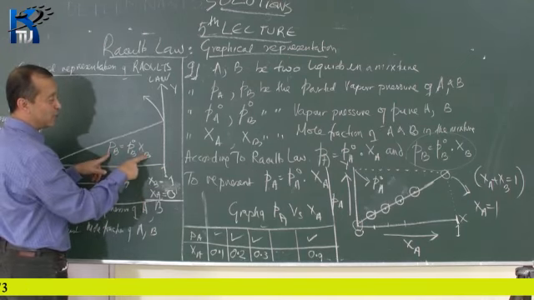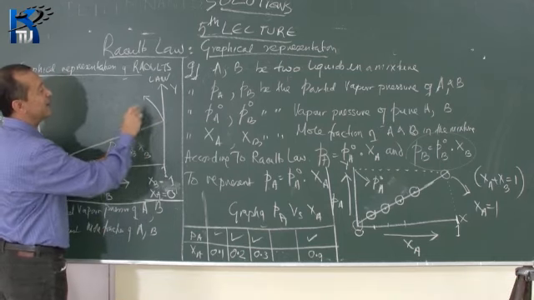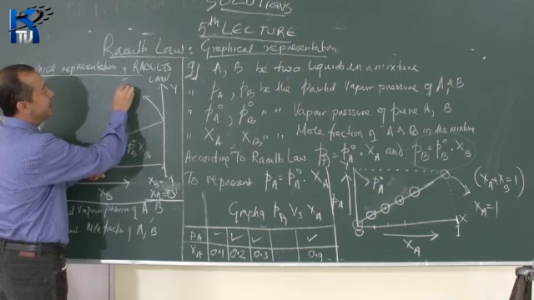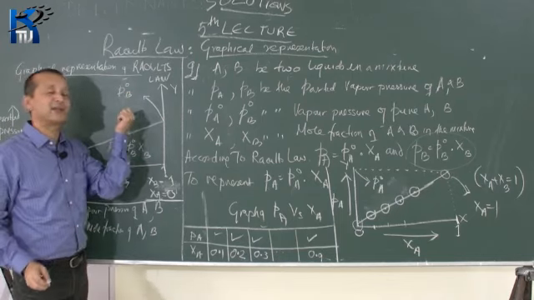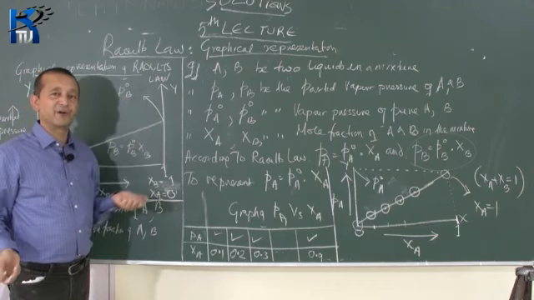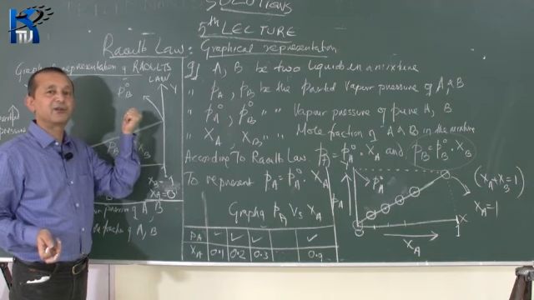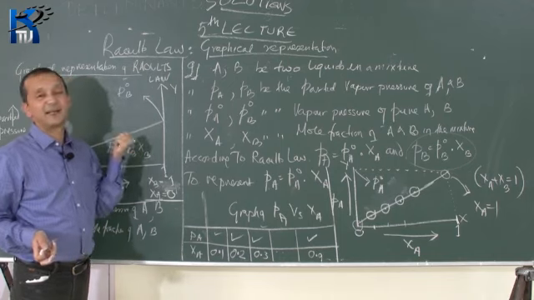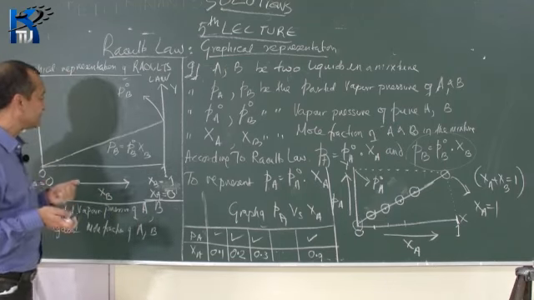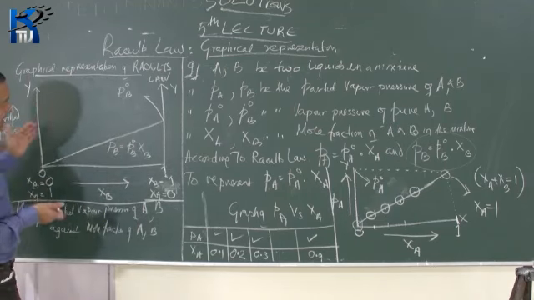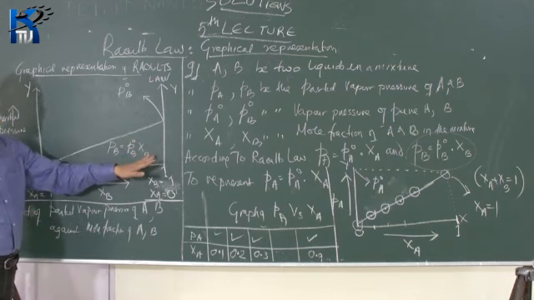When XB is equal to 1, PB will be equal to P naught B. So this point represents P naught B, the partial pressure of B when it is pure, the partial pressure of pure B, that is, in the absence of A. So this is the graph for PB versus XB.